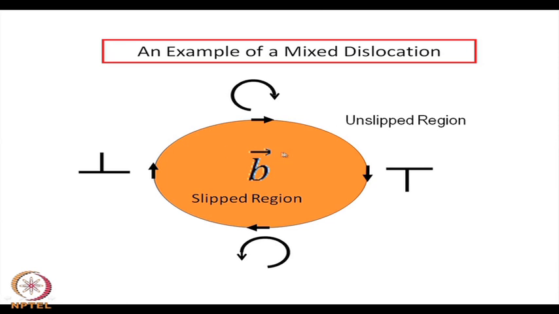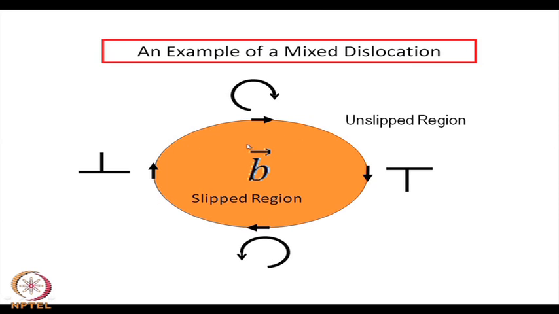If the B vector is in this direction, then the slip direction is here, the dislocation line is in this direction, and you have the so-called T symbol here, and this is a reverse T. The directions are different because the tangent to this line is different. The B vector is always in this direction, but the T vector may be in this direction or in that direction.